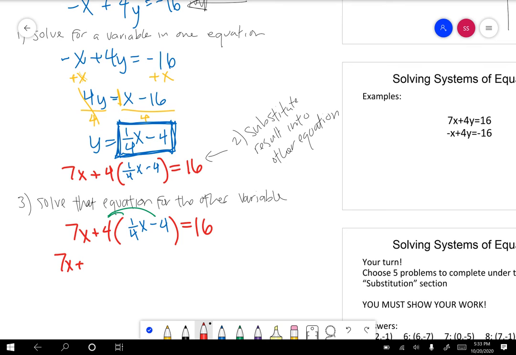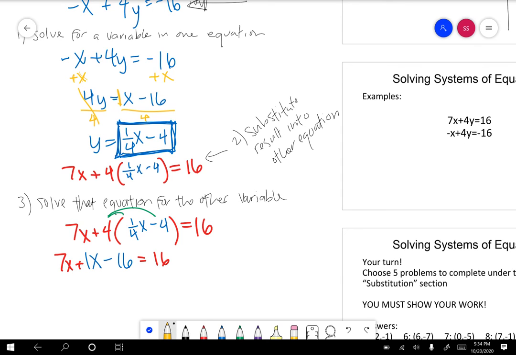If we do that, we'd get 4/4, which is the same thing as saying 1, right? 4 divided by 4 is 1. So we would have 1x, or you could just write x. Either way is fine. And then 4 times -4 would be -16. Equals 16.